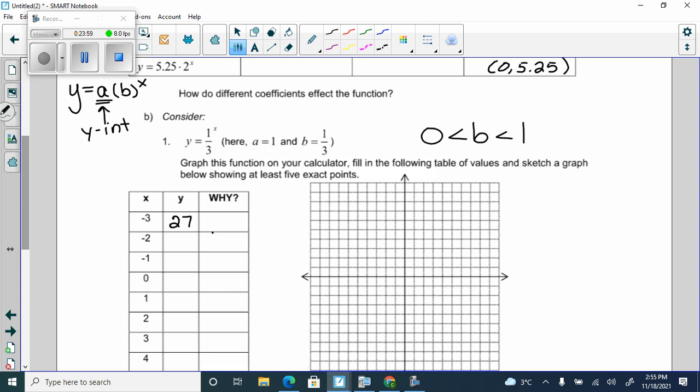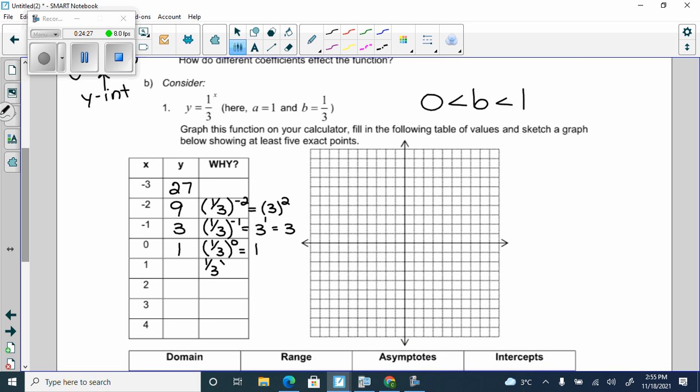This one's going to be 1/3 to the negative 2, which is actually the same as 3 to the 2. Right? Because I can bring this up and it makes the negative become positive. So this is 9. This is 1/3 to the negative 1, which is the same as 3 to the 1, which is 3. This is 1/3 to the 0, which is 1.